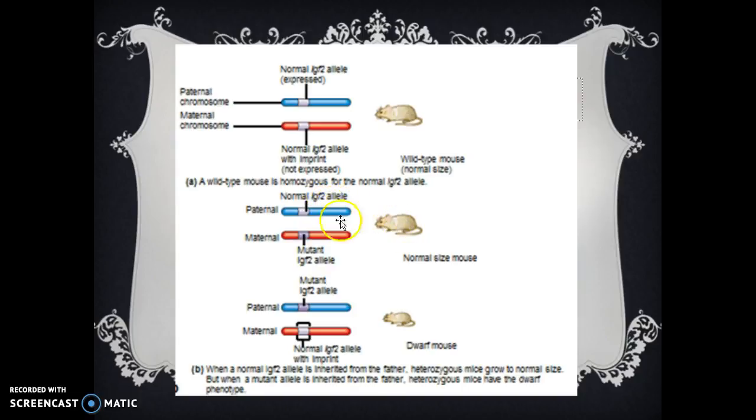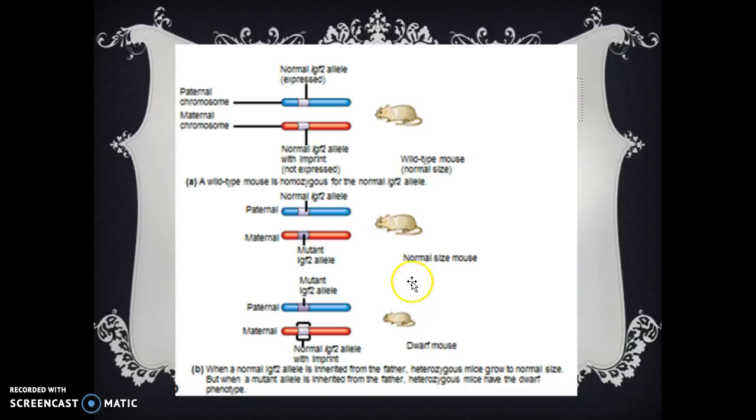Either way, that allele would be silenced in the child, because once again the maternal IGF2 allele is silenced. However, if this were a male mouse and he happened to be heterozygous for this particular gene, if this guy passed this chromosome on to his child, it would be fine. If he passed this chromosome on to his child, then the child would be a dwarf.